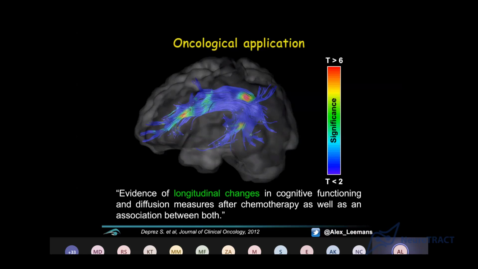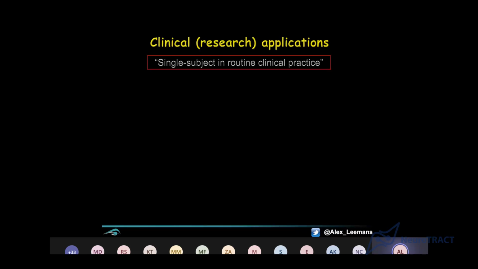In this case, these were breast cancer patients who received chemo, and they were complaining of cognitive malfunctioning, and there was an association between the amount of cognitive problems and diffusivity estimates. I think the higher the cognitive issues, the more complaints, the lower the fractional anisotropy. Okay.